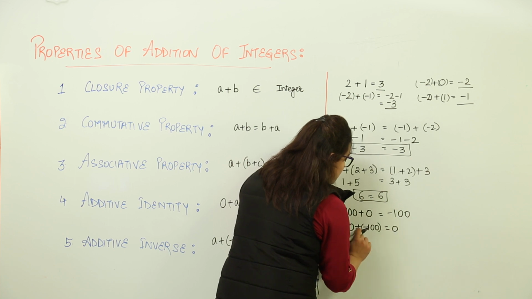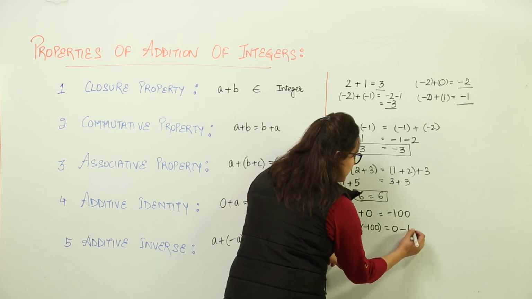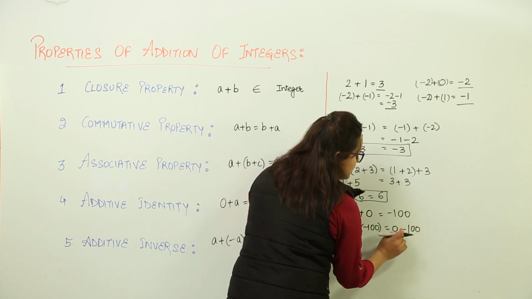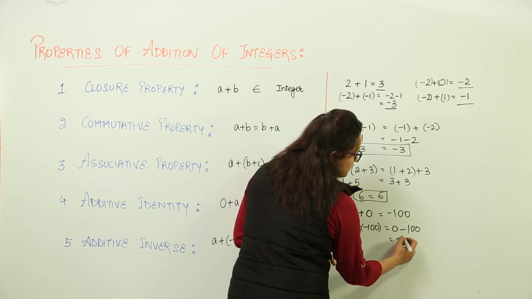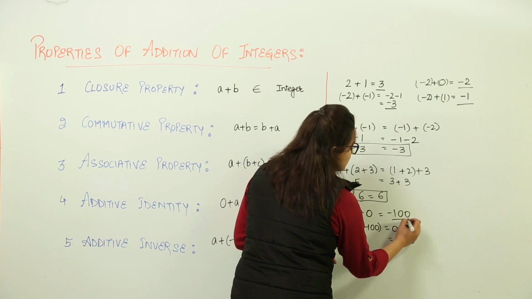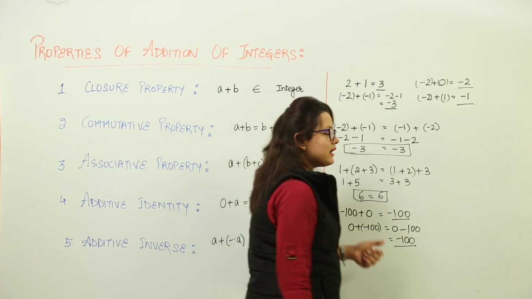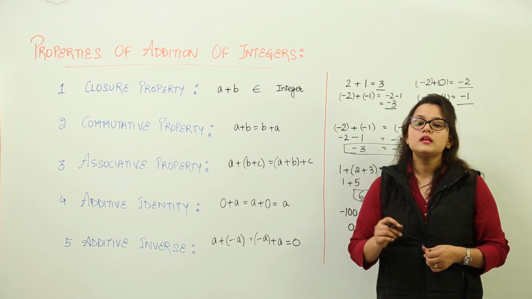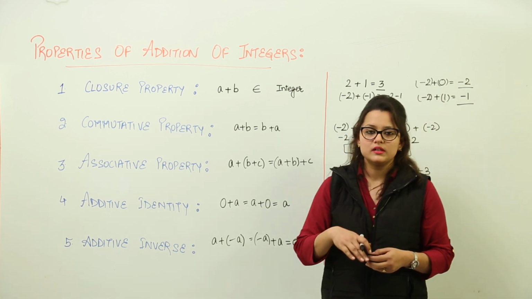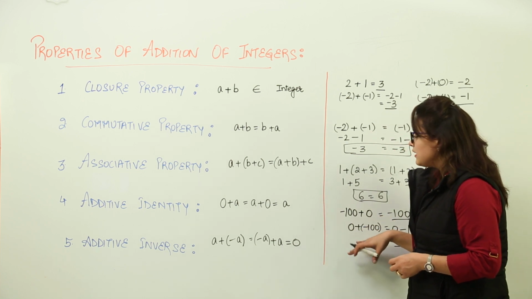You would do 0 plus minus 100, and when from nothing 100 is subtracted, you would get minus 100. So here you can check that on adding any integer to 0 or adding 0 to any integer, you would get the same integer.